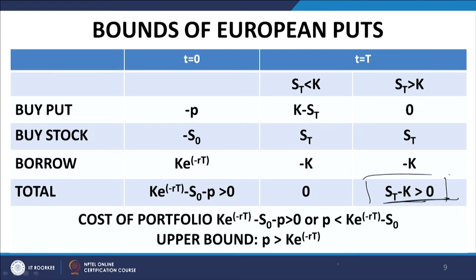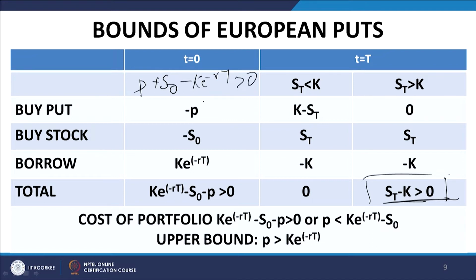For example, if you are buying a put, then P is a cost, and if you are buying a stock, then S naught is a cost, and this is an amount which is borrowing, which is an inflow. So, P plus S naught minus K e to the power minus R t is the net cost of this particular strategy, and this has to be greater than 0.